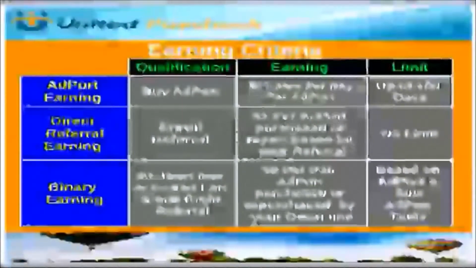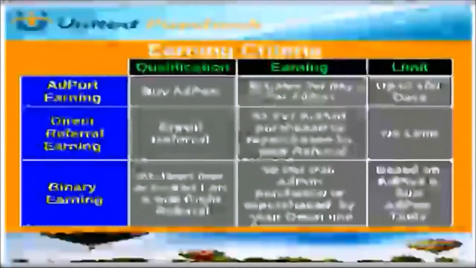Number 3, binary earning. The qualification for this is at least 1 activated left and 1 activated right referral. The earning here is $2 per pair of ad-ports purchased or repurchased by your downline.